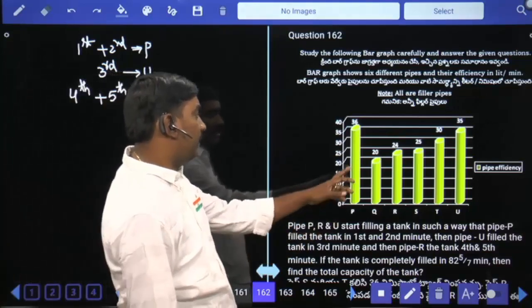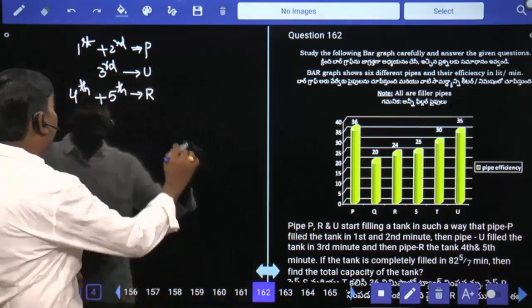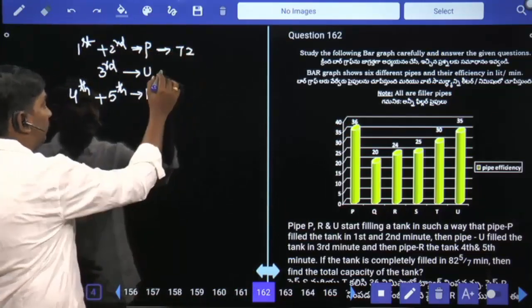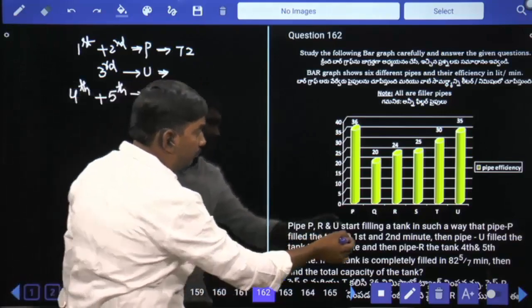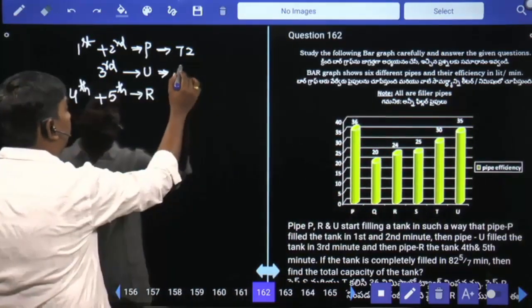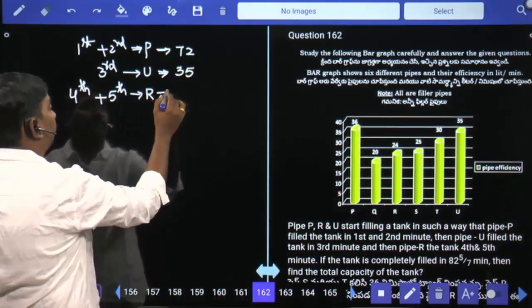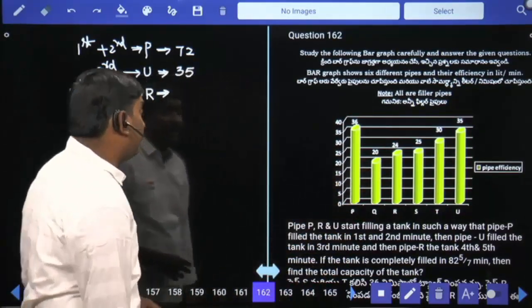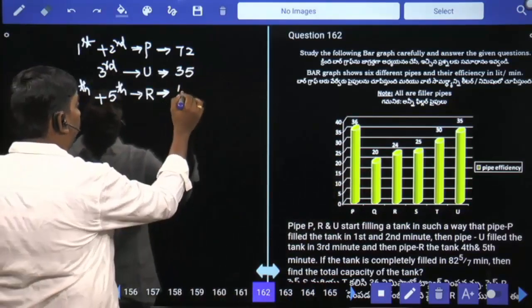Pipe P capacity is 36 liters in 1 minute, so in the first and second minute, pipe P can fill 72 liters. U capacity is 35 liters. R capacity is 24 liters in 1 minute, so in the fourth and fifth minute, total 48 liters.